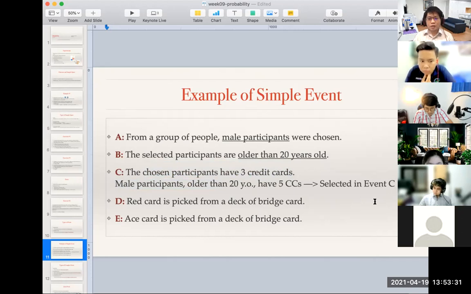Okay, let me just do a quick survey. Okay, a yes or no answer. So how many of you think that these participants will be selected in event C? The requirement in event C applies to these participants. How many of you say yes?